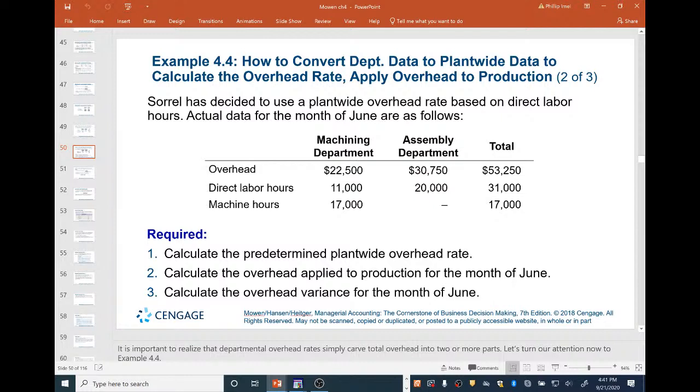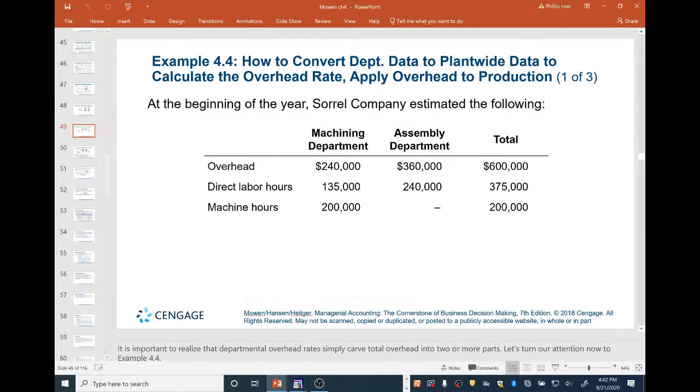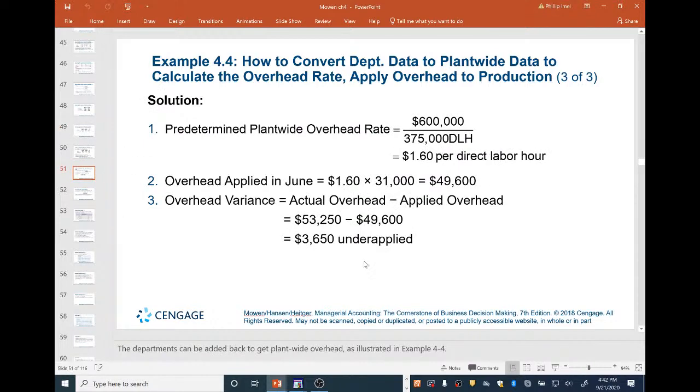So now calculate the predetermined plant-wide overhead rate. I'm going to go back to this slide here. So now what's the plant-wide predetermined overhead rate? It'd be the total one, right? What are we going to look for here? Would it be 600,000 over 575,000? Because you have to do most of them, maybe.